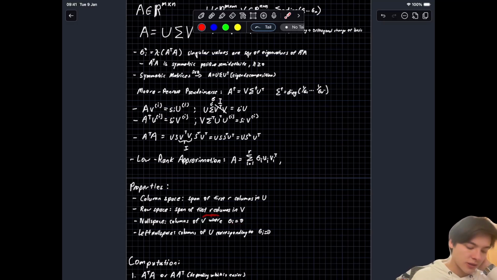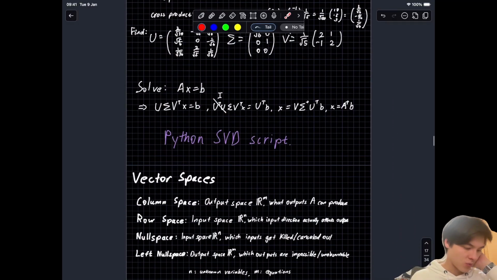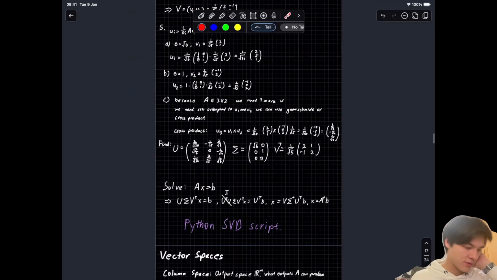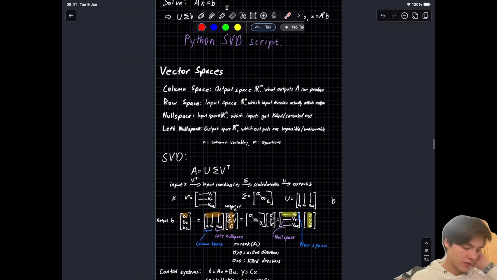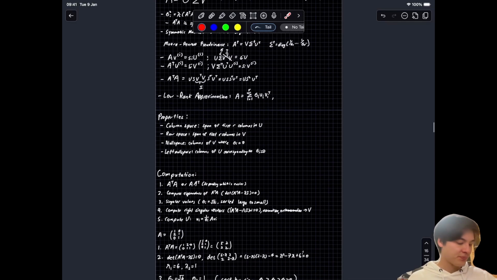So R is basically where all the singular values are not zero. The left null space is the columns of U corresponding to singular values equal to 0. I think we'll look at it later more, right? I believe I did something. Yeah, in vector space, I talk more about that.